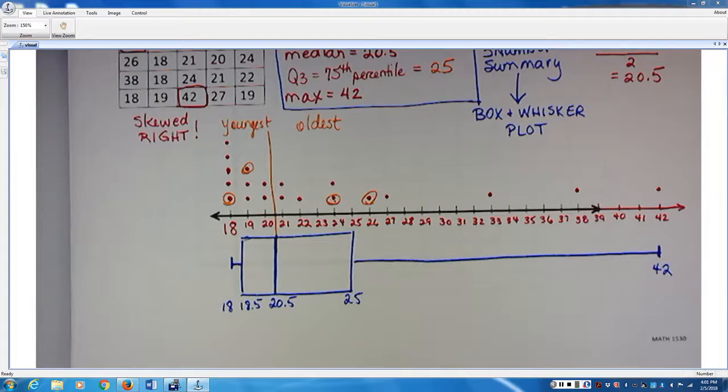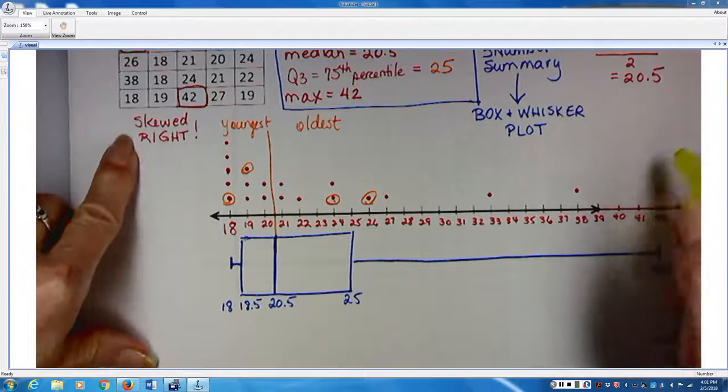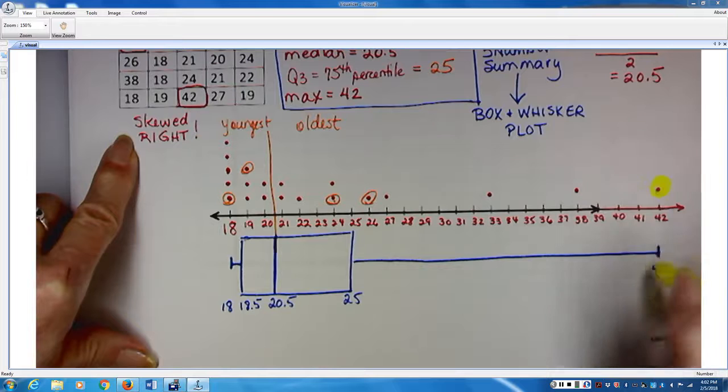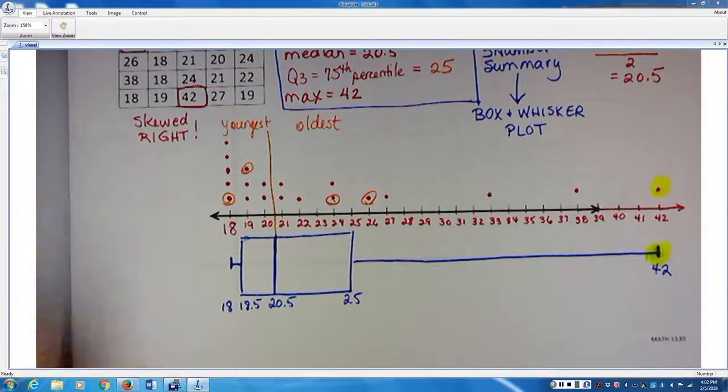And looking at that box and whisker plot, it's really obvious to me, both by the dot plot and by the length of that upper whisker, that that data set is skewed right. It's easy to see that the data set is skewed right.